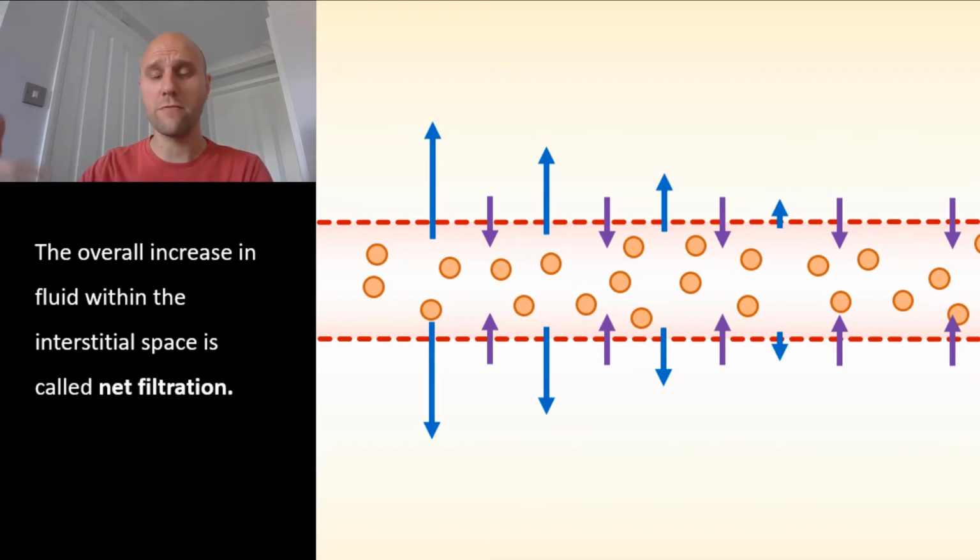It's not quite fully reabsorbed, and there's often a greater amount of fluid that's been pushed into the interstitium than is recovered into the capillary bed, and we call this net increase in fluid in the interstitial space net filtration.